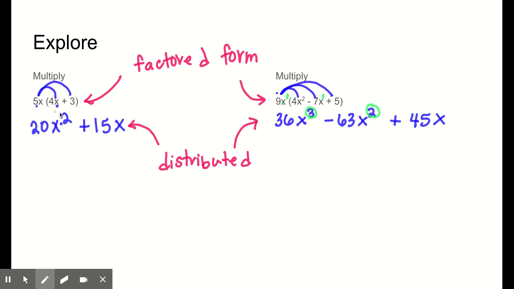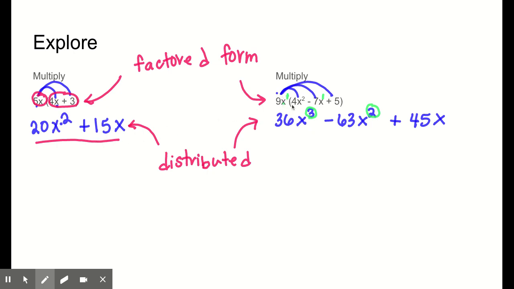And so over here, this polynomial's factors are 5x and 4x plus 3, because those are the two polynomials we multiply to get this polynomial.